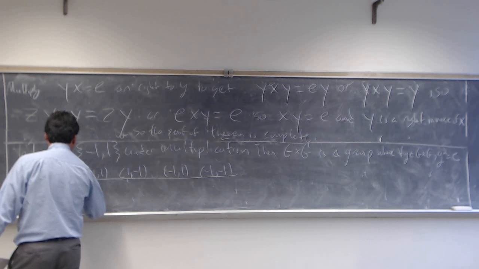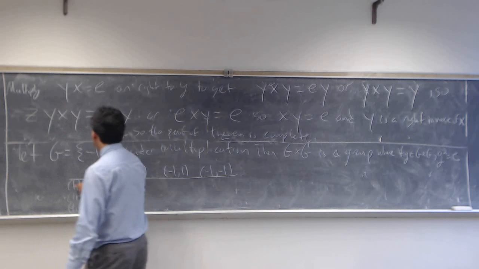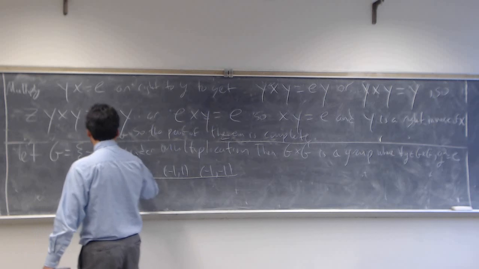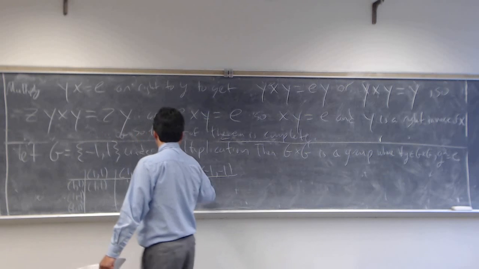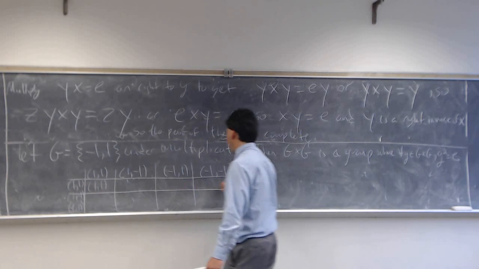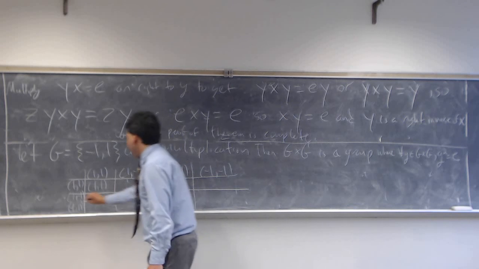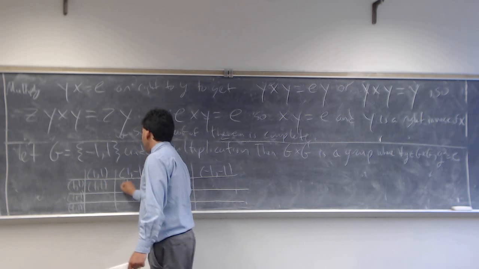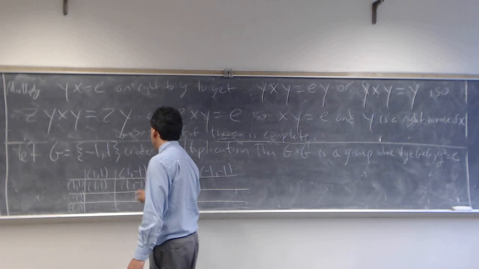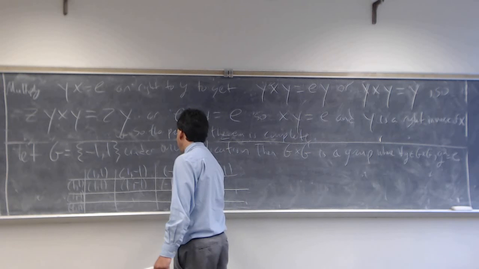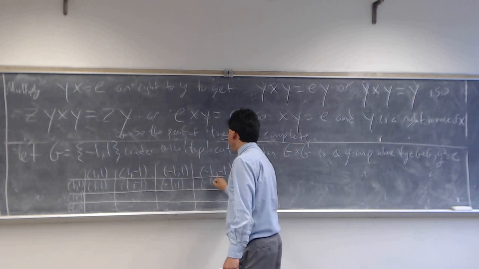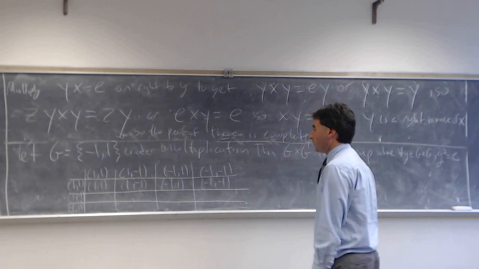I multiply each component. 1 times 1 is 1. 1 times -1 is -1. 1 times 1 is 1. 1 times -1 is -1. So of course we get that same thing there.